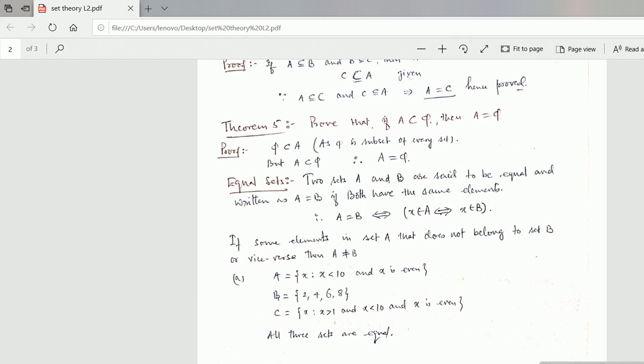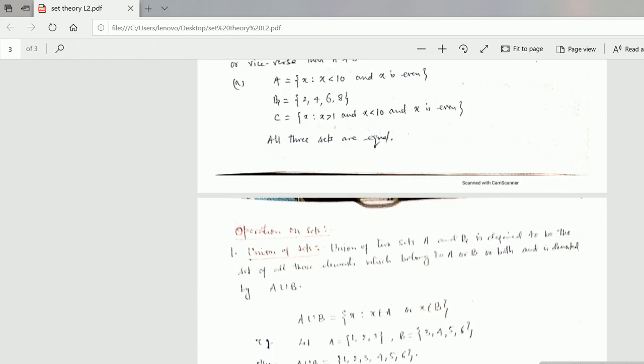If we start counting 1, 2, 3, 4, 5, 6, 7, 8, 9, you cannot take 10, and also you have to take the even terms. So we start with 2, 4, 6, 8, that's it. And C equals {x such that x is greater than 1 and x is less than 10 and x is even}. All these three things imply the same thing, that all three sets are equal.